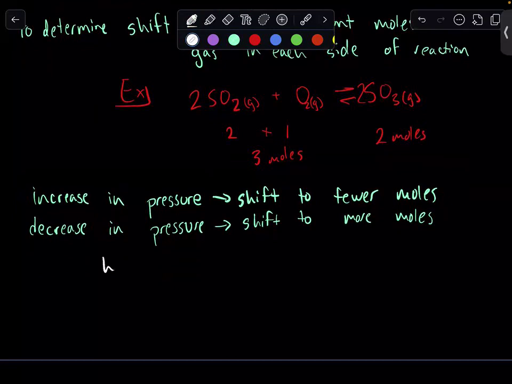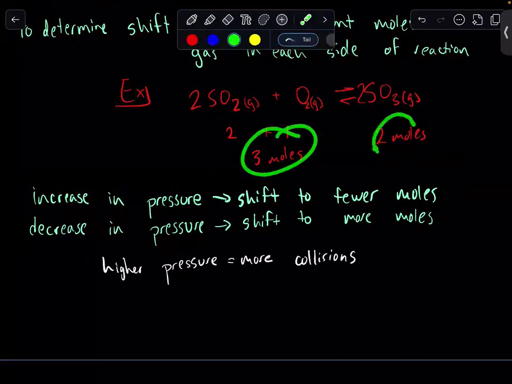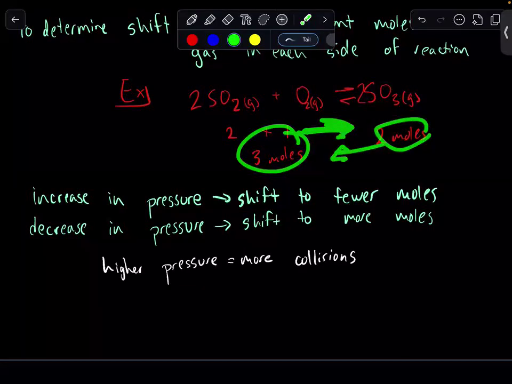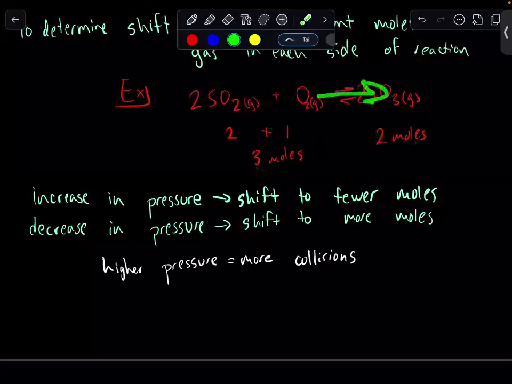As we learned in collision theory, a higher pressure, usually caused by a lower volume, means more collisions. And we're going to have a lot more collisions where we have more moles than fewer moles. So until it evens out, our larger number of moles will move and react faster than our smaller number of moles, thus shifting our equilibrium to the fewer mole side.